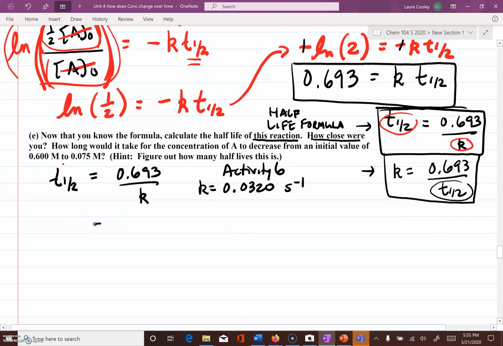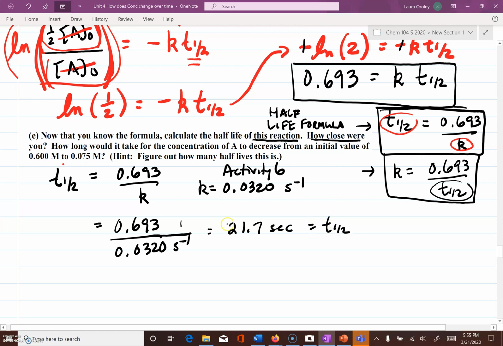So just take 0.693 divided by it. Notice the units are going to be the reciprocal of inverse seconds, or seconds, which is very nice because that makes sense. Okay, so the half-life is 21.7 seconds.